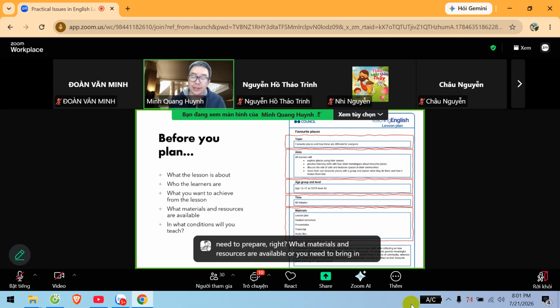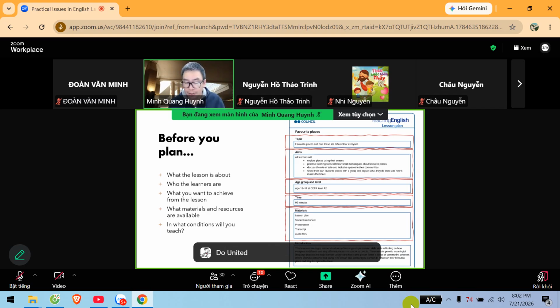So basically, the first thing that you do before you plan a lesson is to think about all of this. You need to think about what the lesson is about, who the learners are and their characteristics, and what you want to achieve with your learners. What will you get from the lesson?